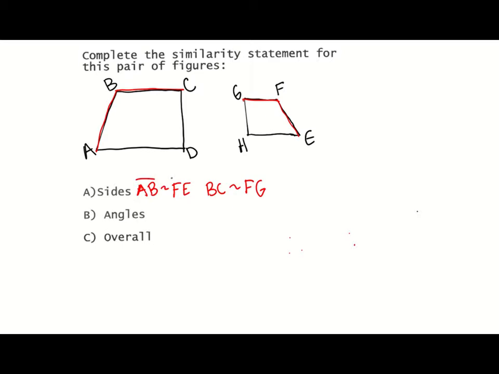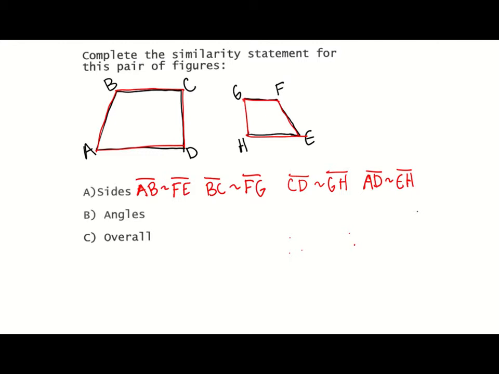These are all segments, so I'm going to put our segment label on top. Then keep going down, we have CD along the side, and that is going to be similar to GH. And the last side we have is AD and EH. Okay, so those are all of our similar sides.